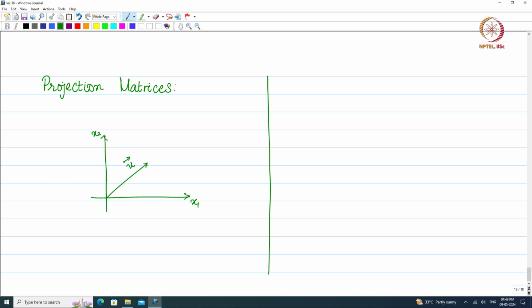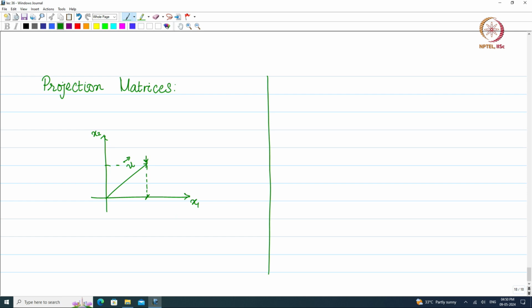It's basically saying that I just hit this vector on the head so that it falls down, and the point at which it falls down on x1 corresponds to the projection of u onto x1, basically the shadow of u along the direction of x1.